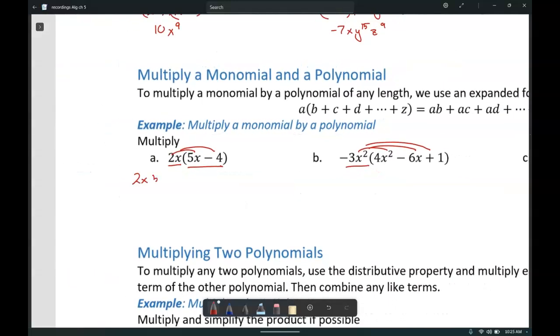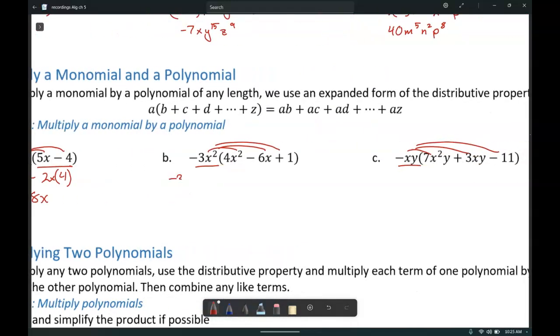So we'll have 2x times 5x minus 2x times 4, giving us 10x squared minus 8x. Here we'll have -3x squared times 4x squared minus -3x squared times 6x plus -3x squared times 1, giving us -12x to the 4th plus 18x to the 3rd minus 3x squared.